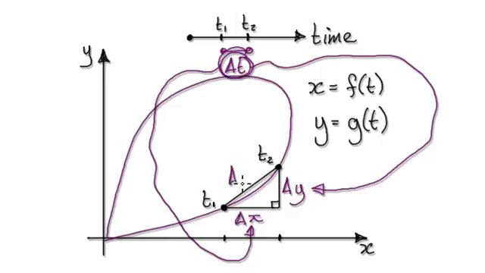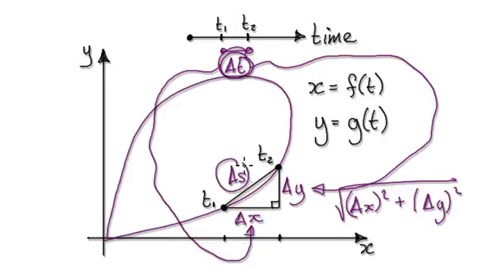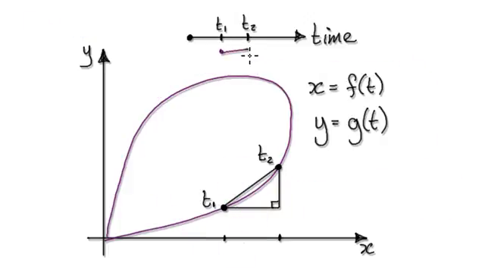And then from this, we can work out ds by using Pythagoras. So it will be delta x squared plus delta y squared, take the square root. That will then give us ds. So we would then take the limit as delta t tends to 0. As delta t tends to 0, this becomes dt.